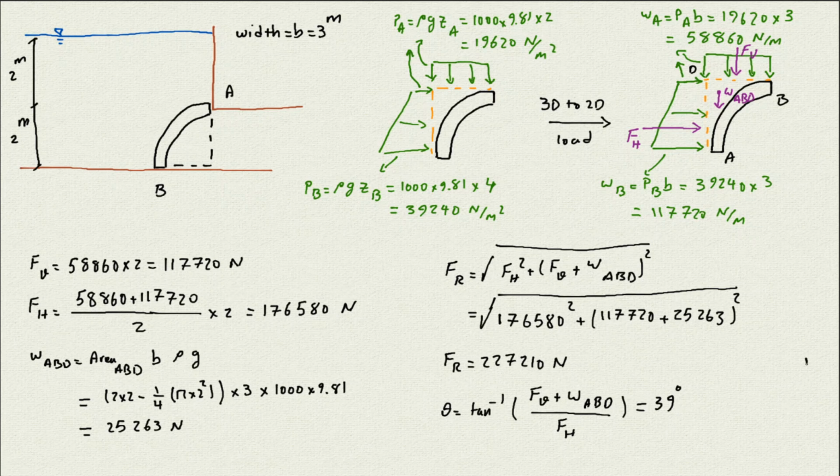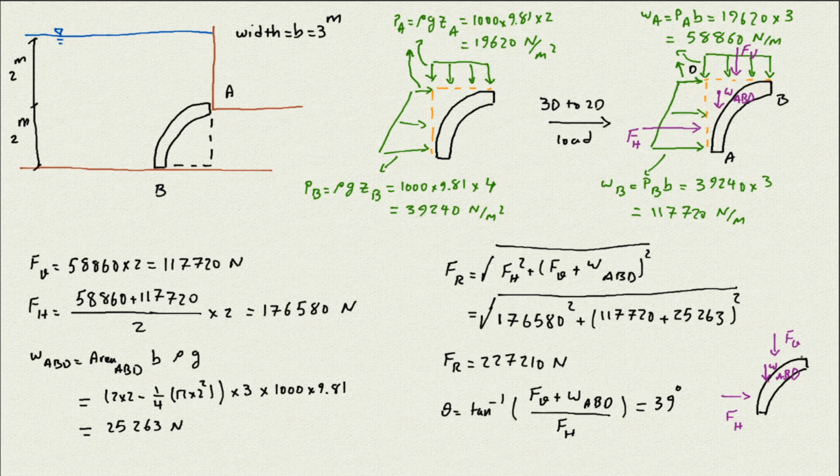If I draw this here, we know the forces and their locations: there is an FV here, there is an FH here, and there is a W_ABD here.